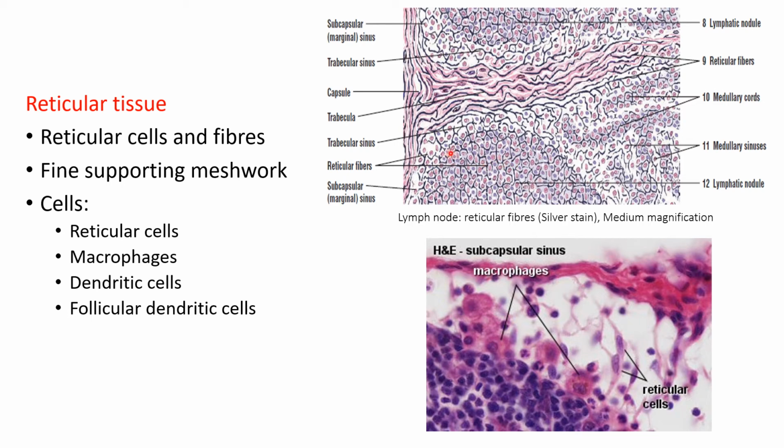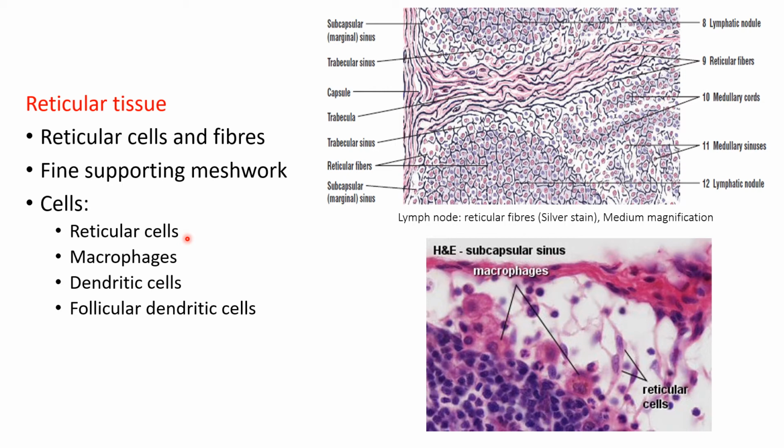This meshwork of reticular fibers contains several cells apart from the reticular cells. These include the macrophages, dendritic cells, and the follicular dendritic cells. The reticular cells secrete type 3 collagen and the ground substance of the stroma of the lymph node, and their processes wrap around the reticular fibers.